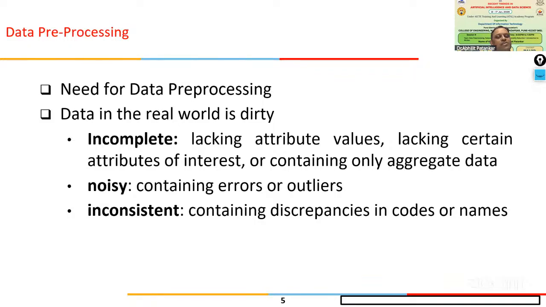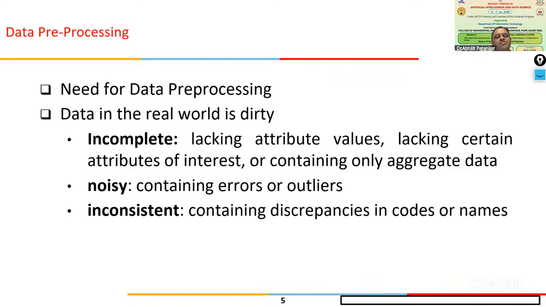Incomplete data lacks attribute values, such as name or pin code, or lacks certain attributes of interest. Basically, you are looking for the salary component of an organization, but the data doesn't have it. Or it is aggregate data: you want separate month-wise data, but only year-wise data is given. In data mining terminology, we call this incomplete data.